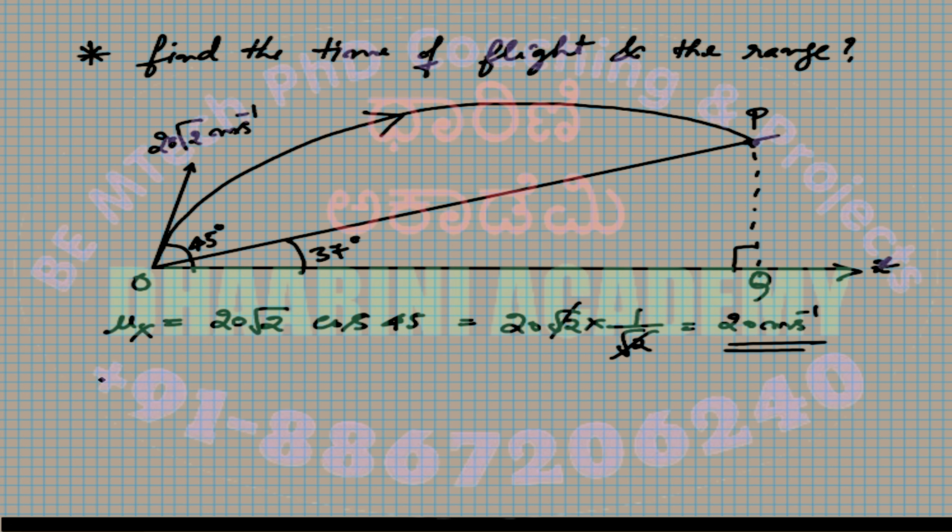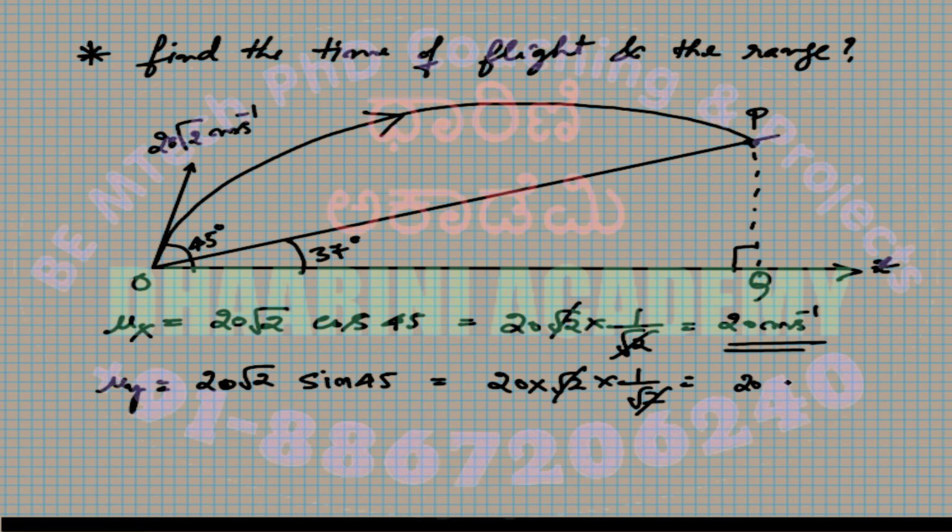Also, I can find uy, that is 20 root 2 into sine 45. Sine 45 is also 1 by root 2, so you have 20 meters per second as the answer.